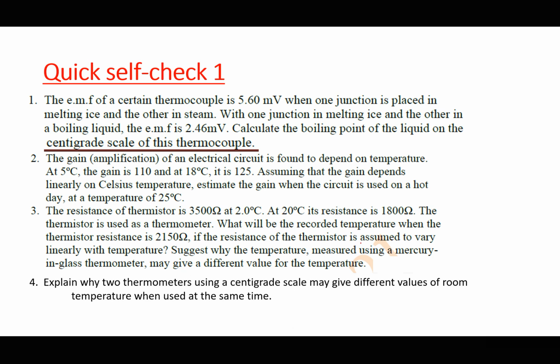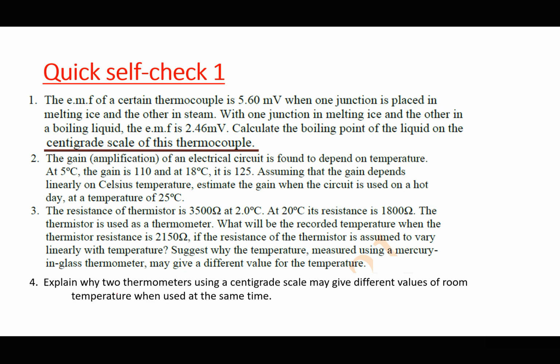What will be the recorded temperature when the thermistor resistance is 2150 ohms? If the resistance of the thermistor is assumed to vary linearly with the temperature, suggest why the temperature measured using a mercury in glass thermometer may give a different value for the temperature.